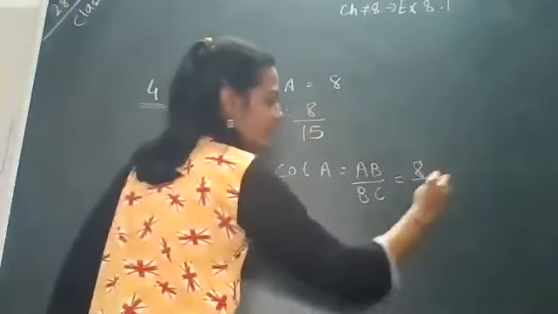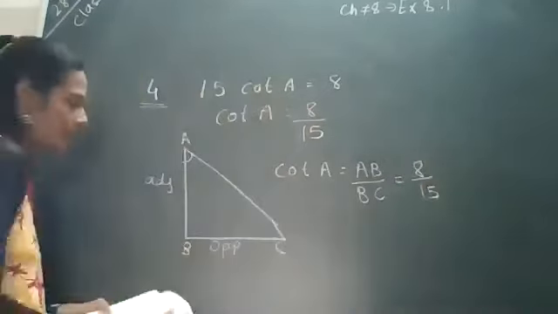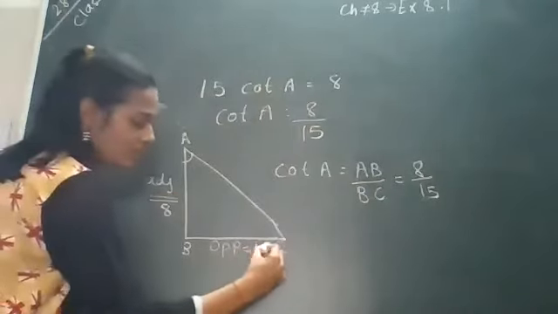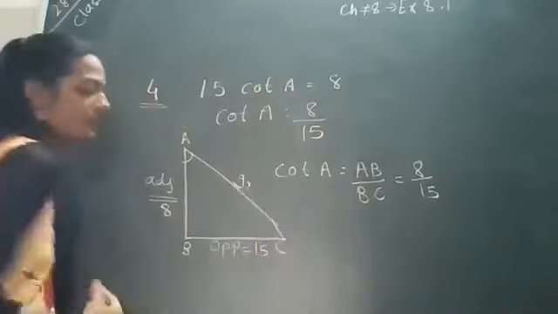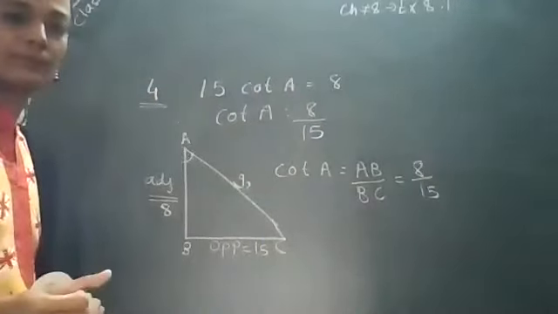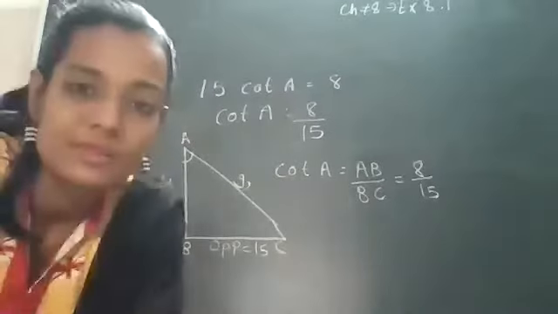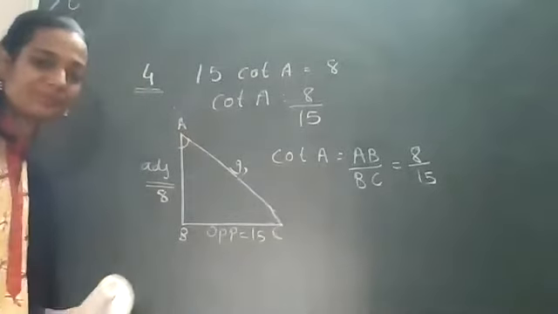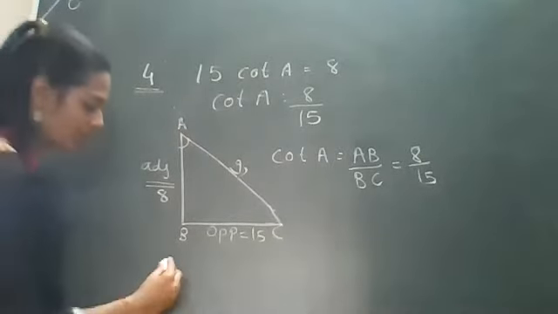So your adjacent side will become 8 and your opposite side will become 15. We have to find out the AC. Okay or not? Yes, ma'am.